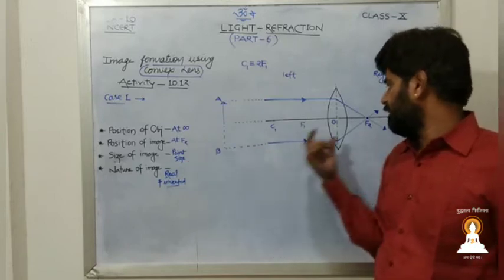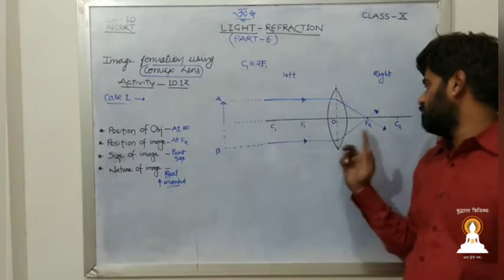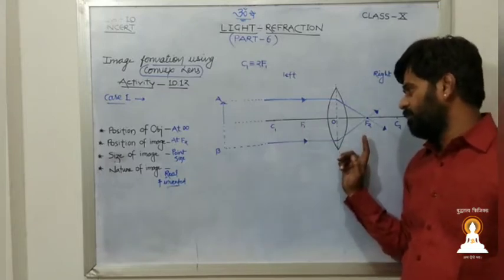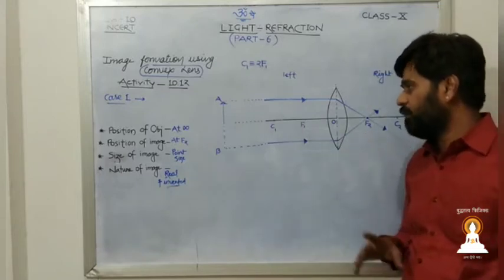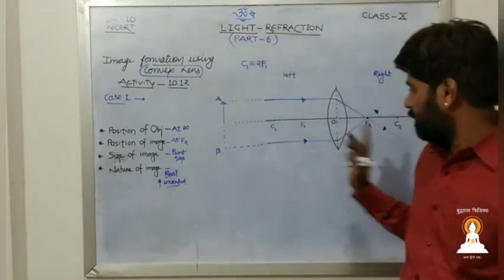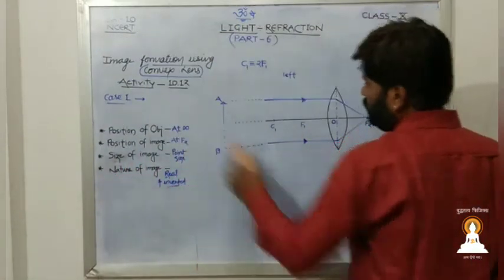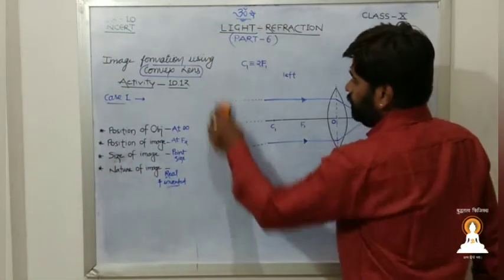This is nothing but a magnifying glass forming the image of the sun. We have already done this practically, so we need not do it again. The size of the image will be point size, real and inverted. So this was position number 1 for the object.